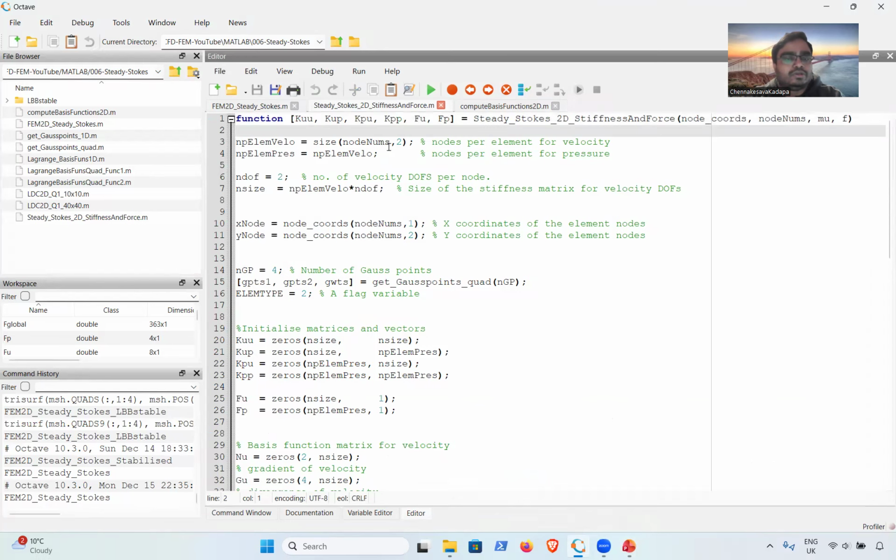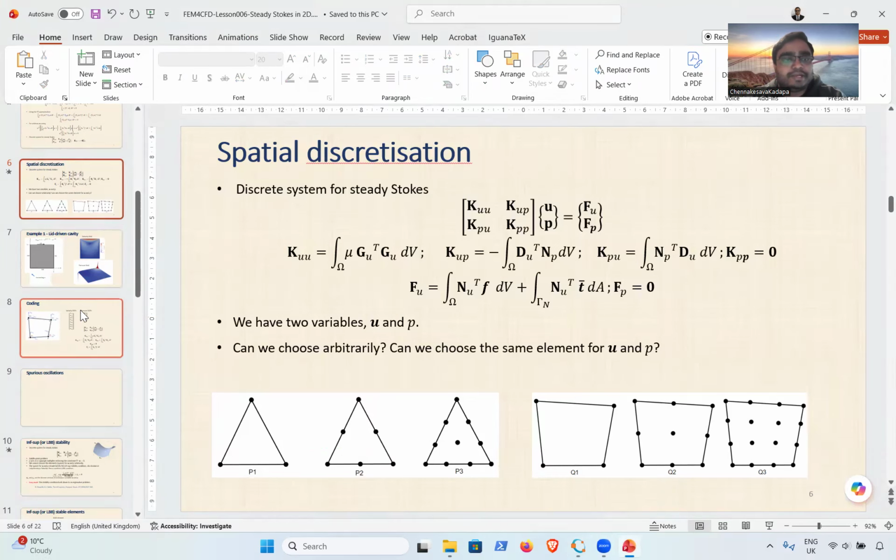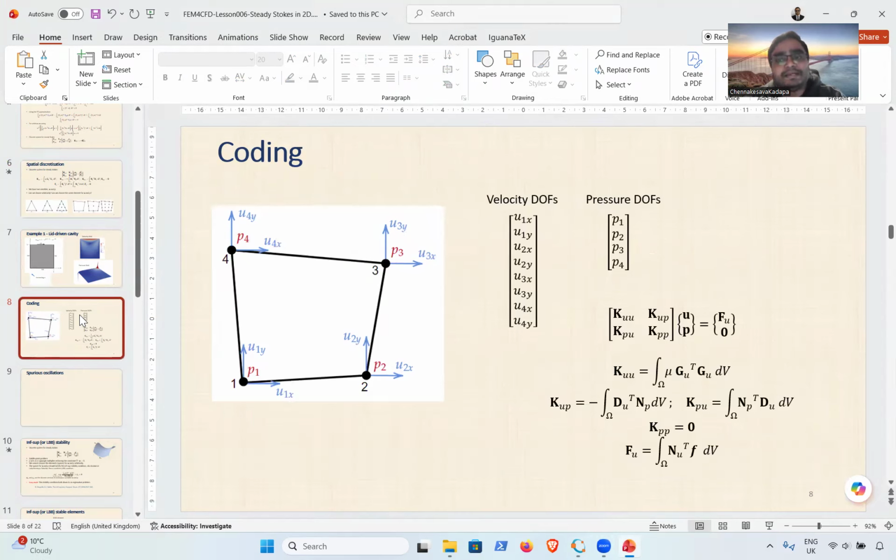So we have two variables, velocity, which has 2 degrees of freedom on each node, and pressure, which has 1 degree of freedom on each node. There are many ways in which we can implement this. So here for our 4 noded element, we have velocities u1x, u1y at node 1, u2x, u2y at node 2, and so on, and pressure degrees of freedom p1, p2, p3, p4.